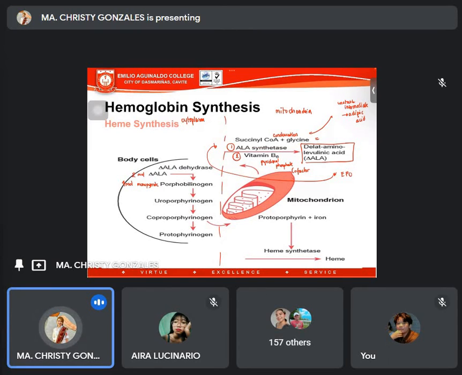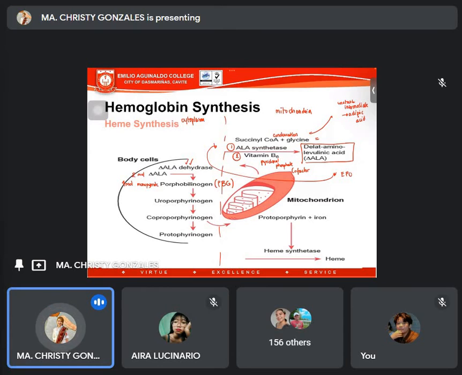This is also known as PBG, porphobilinogen. So 2 molecules of ALA will be condensed to form monopyrrole porphobilinogen. The enzyme responsible there is ALA dehydrase. Okay, that's catalyzed by the enzyme ALA dehydrase.